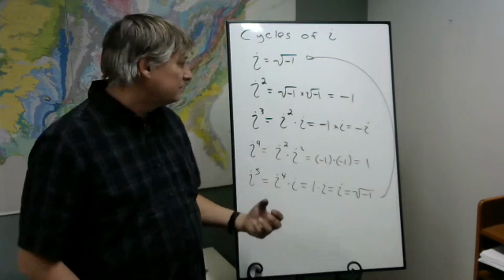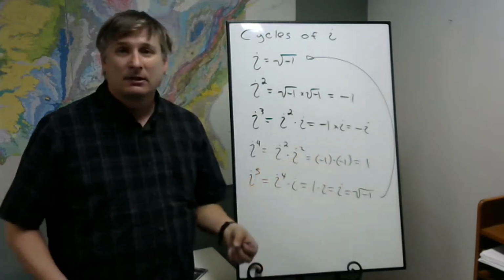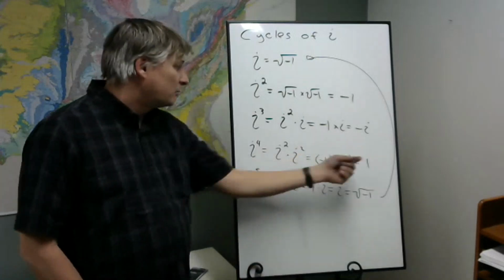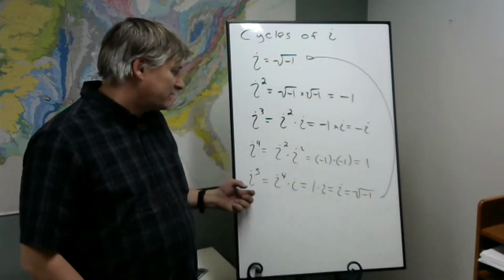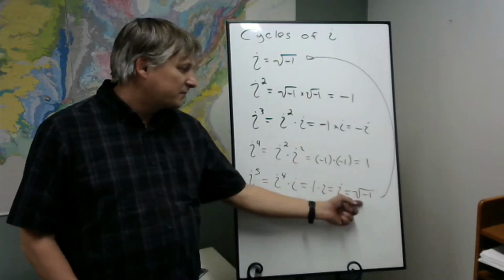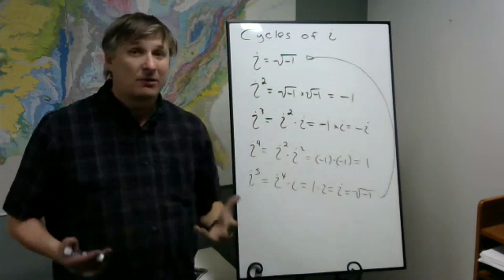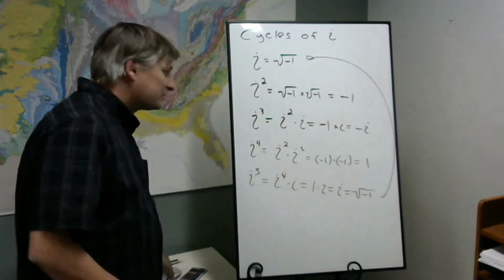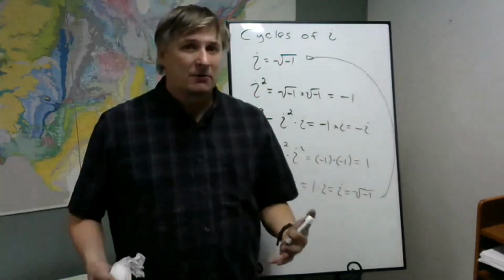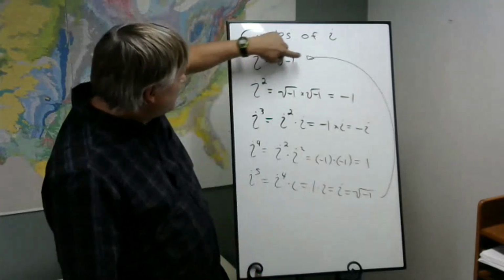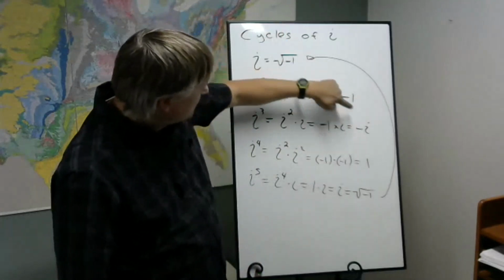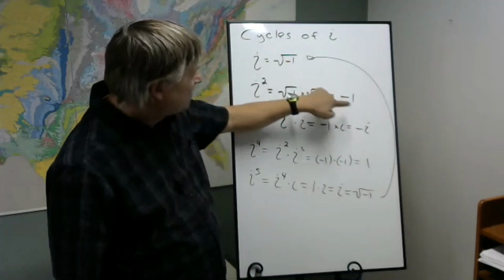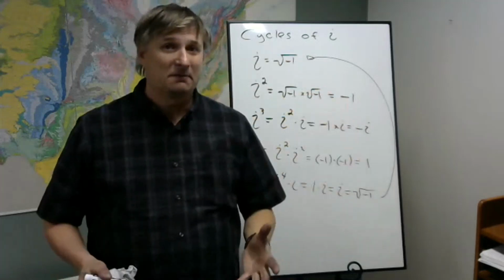I to the seventh you're going to get negative I. I to the 8th, you'll get 1. And then I to the 9th, you'll get I again, which is square root of negative 1. And we start over. So as we increase the powers on I, we're just going to keep going through these results over and over and over.